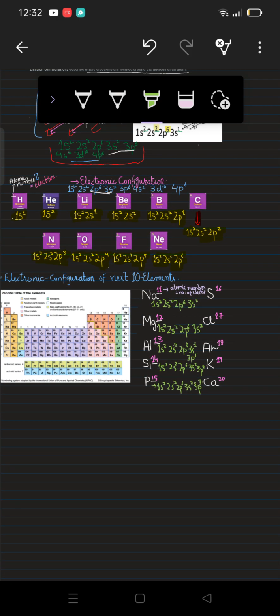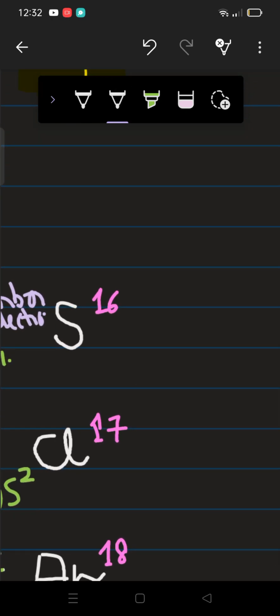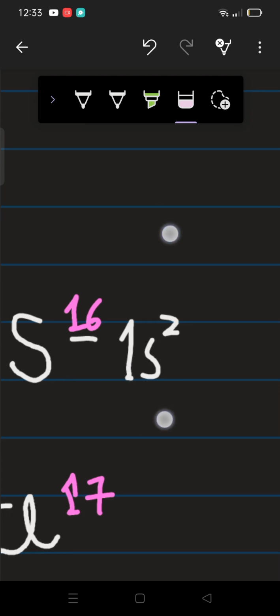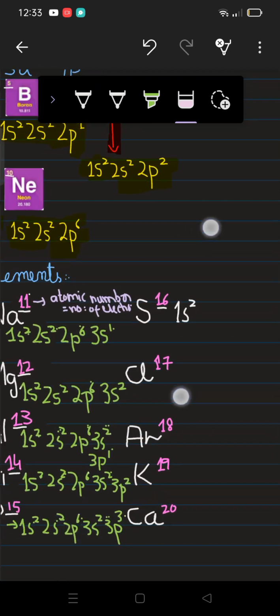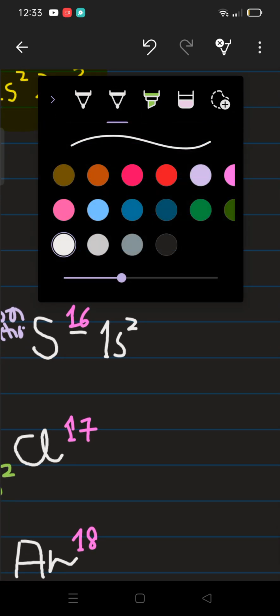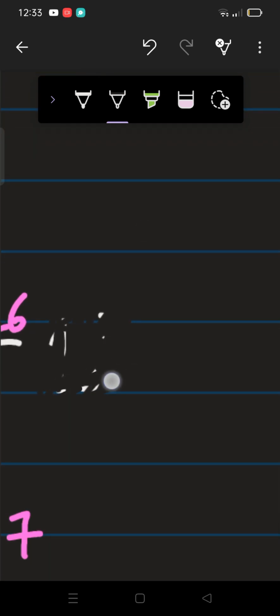Now we are moving towards sulfur, which has atomic number 16. Okay, now let's write.